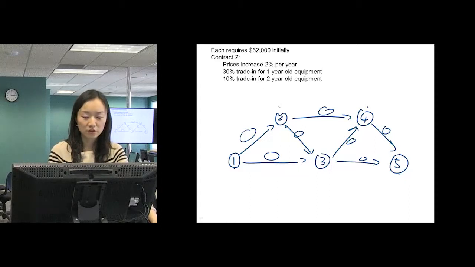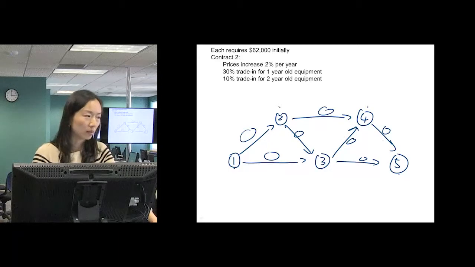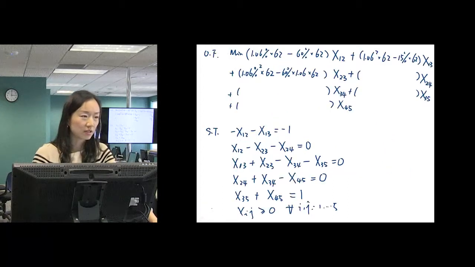Okay, so this is a problem that we transformed into a network problem. To start, we looked at the possible ways to go under each contract, and we used the numbers 1, 2, 3, 4, 5, representing the beginning of the year. Analyzing it this way helps us build a model that's really simple.